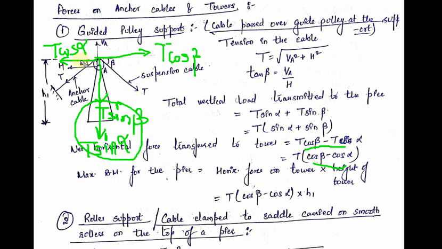The bending moment will be generated in the tower due to these horizontal forces only. If I take a section at this point, the distance of these horizontal forces is less. If you again take a section, suppose here, the distance now gets increased, and when the distance increases, the bending moment will also increase.